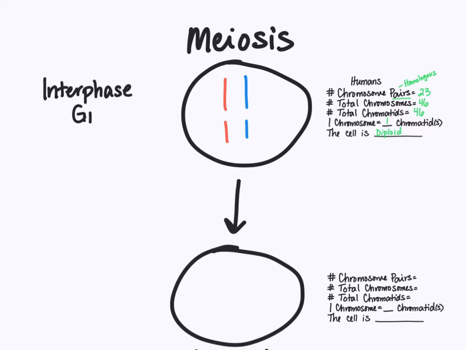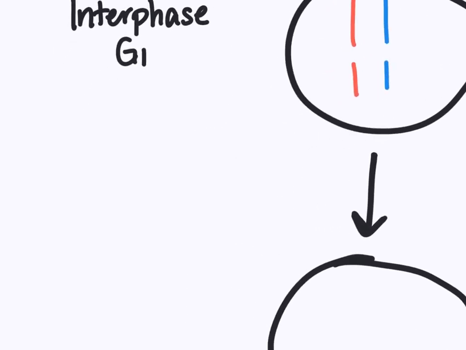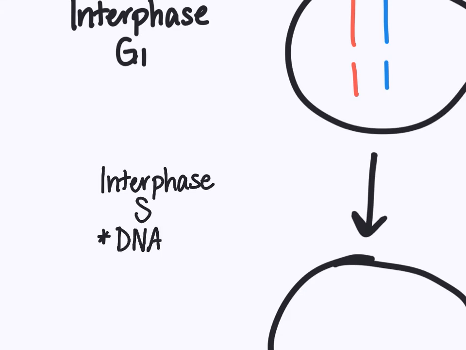So now let's take a look at what's happening during this arrow. So just like mitosis, we have the S phase of interphase. And remember that the key event that's happening during the S phase of interphase is DNA replication.